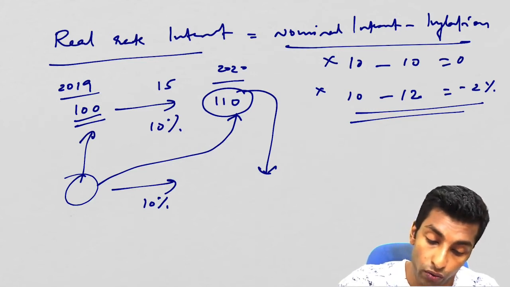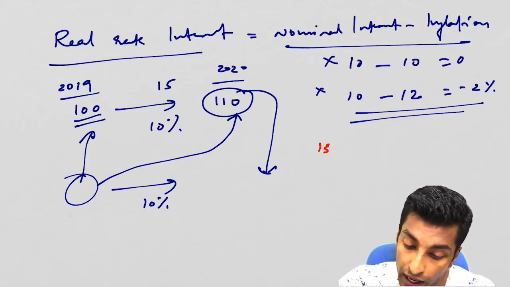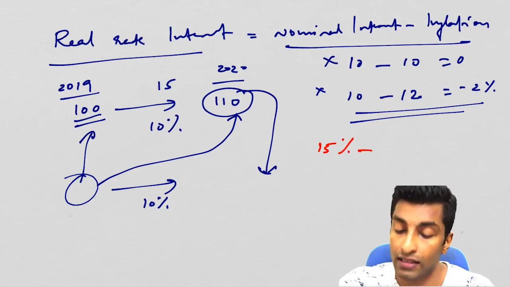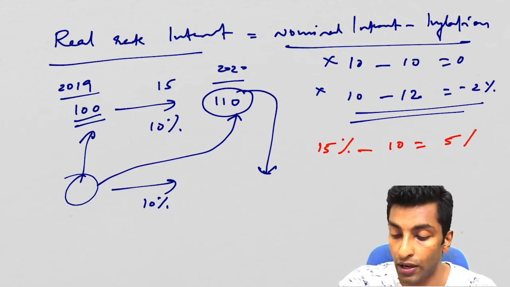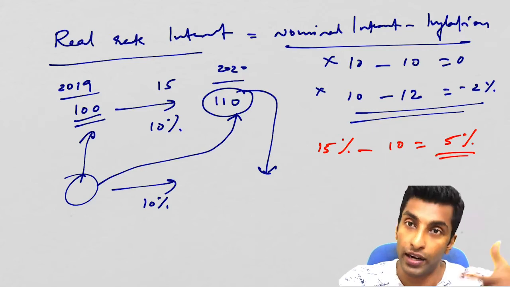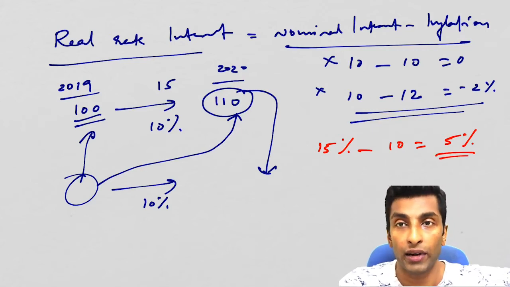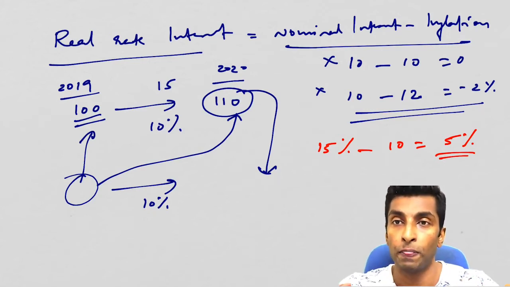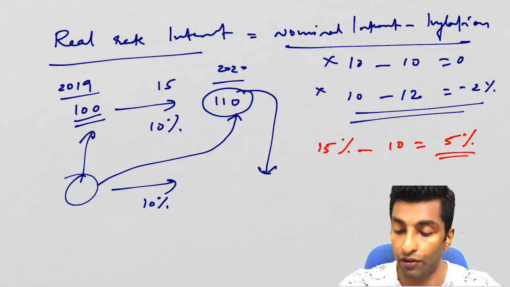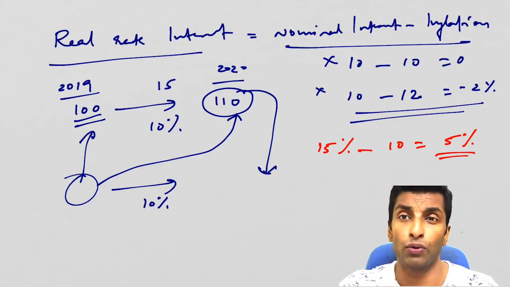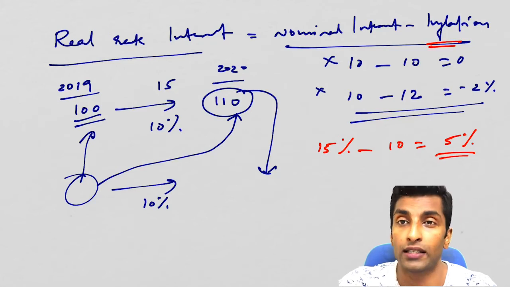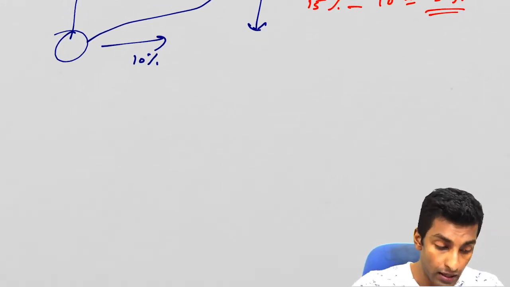Now what should happen? If the interest you are charging was 15%, then minus inflation, let's say 10, at least you are getting 5%. Theoretically you are saying you are getting 15% interest rate, but when adjusted with inflation, the actual return that you have is only 5%. So what I mean to tell you is the real rate of interest is calculated by adjusting for inflation.